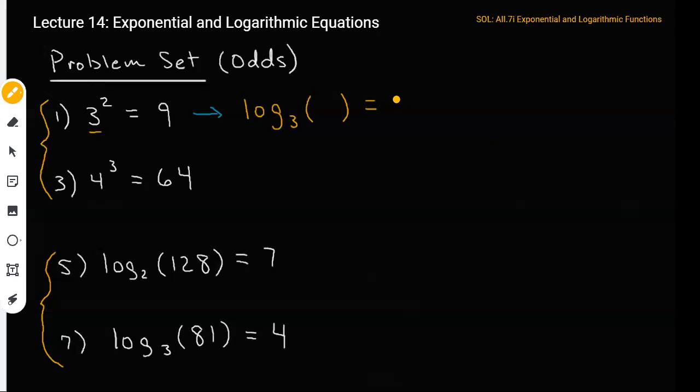So the 2 is going to get thrown to the other side. That's my exponent. And then the 9 that I get as my result is going to go inside the parentheses. So log base 3 of 9 is equal to 2. That's basically asking the question, what exponent does 3 have to be raised to get 9? And that would have to be 2, right?